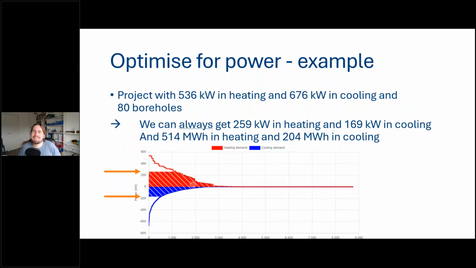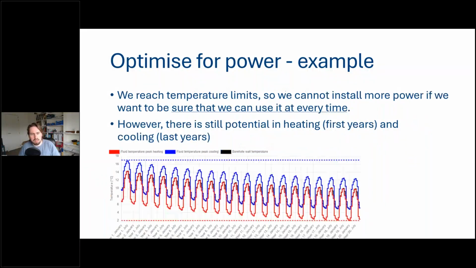And the hatched area is the corresponding energy that we can extract with the ground. And it's just this unhatched area, let's say, that our hybrid system should be able to provide. So we have indeed a beautifully aligned system where we do not oversize it, because we know this part is for the ground and the other part is for our hybrid system. So this is if we optimize for power, and then we end up with a temperature profile which is limited in both maximum and minimum.